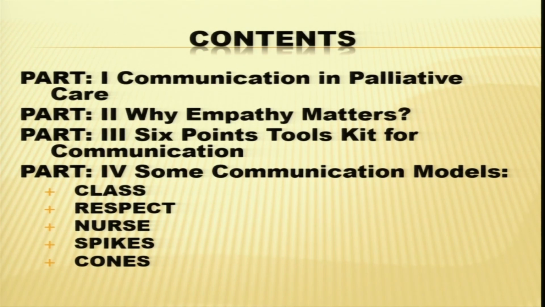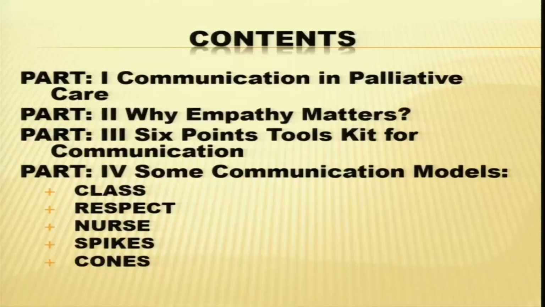Now in this lecture we have got two parts. A 6-point toolkit. Toolkit means basically a checklist. There are 6 checklists. If we apply them in our communication between nurse and patient, between doctor and nurse, between patient and doctor, then the communication will become effective.